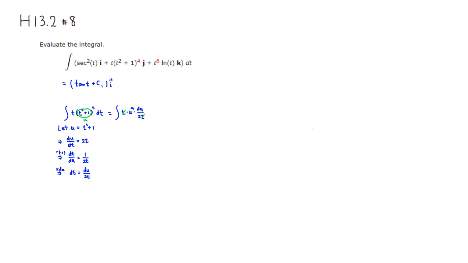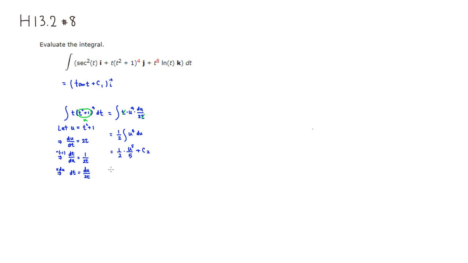Let's clean up a bit. 1 over 2 is a constant, so put it outside. Then we have an integral of simply u to the fourth du. Using the power rule, add 1 to the power, so u to the fifth, then divide by 5. Then you have plus some constant, which we'll call C2.